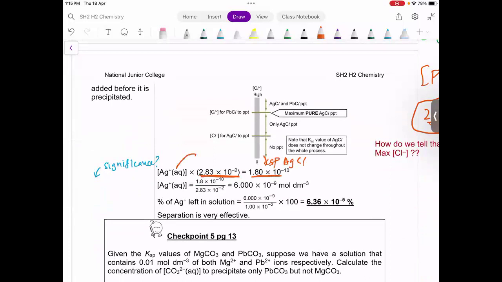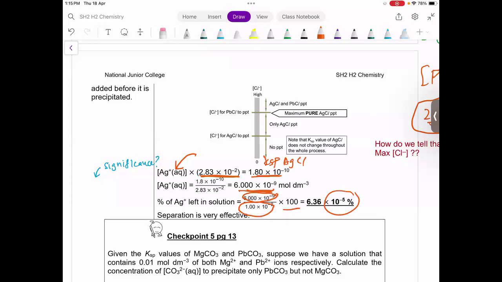Then you can find out how much silver plus still remains in solution. With this calculation, like what Yuelin has said, I look at what is left, I look at what is original, I can calculate the percentage. Then you can see that it's 10 to the minus 5, which is negligible. So what remains at that point of time is negligible, therefore it's an effective separation.